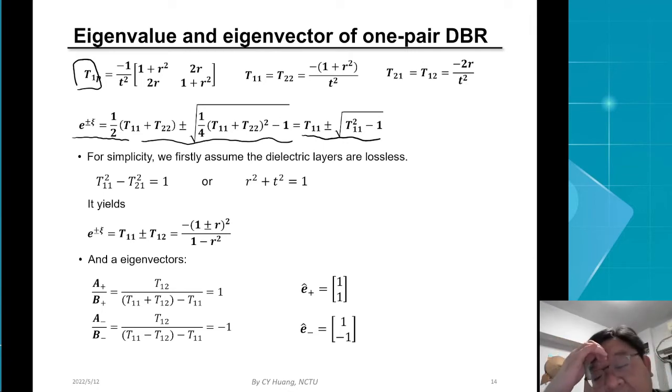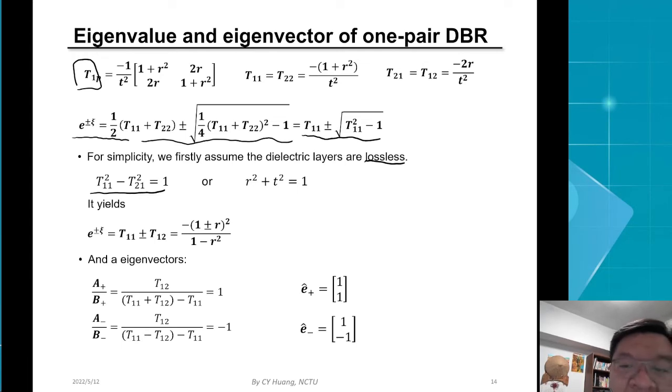Alright, so for simplicity, we assume a pretty common scenario that the dielectric layers are lossless. We just assume we deposit a pretty good film. It will further simplify the expression. So for a lossless material, we already said that we have a relation here.